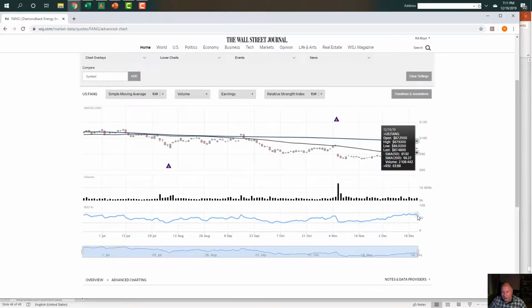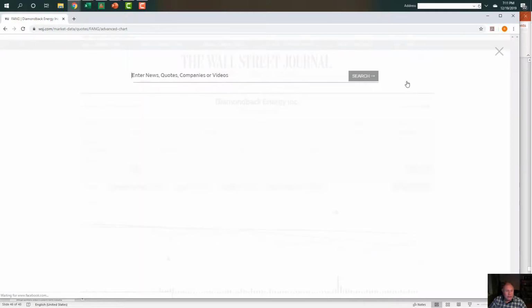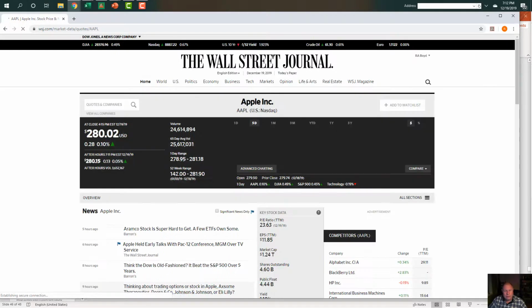If we look at it right now, it does look like it's relatively strong. So that's how we use the charts. You can put in yours and look at trends. Are there ones that are better? Sure. Let's put in Apple and see how they've done.